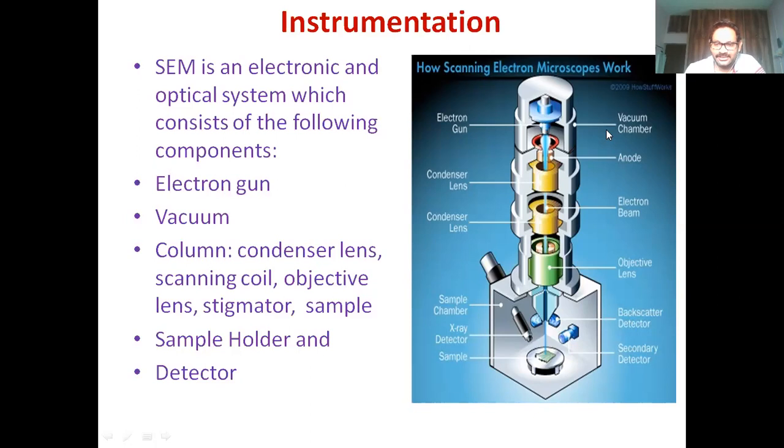So they should not be obstructed. To overcome this, we maintain a vacuum here. This is the vacuum chamber. Then what is an anode? The anode is an accelerator of electrons. So the speed of the electrons can be controlled by this anode.